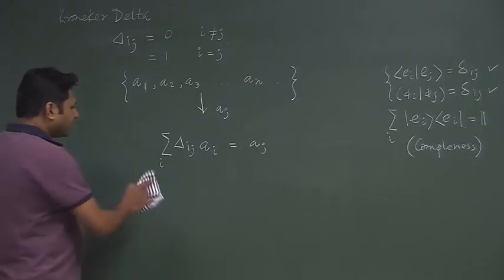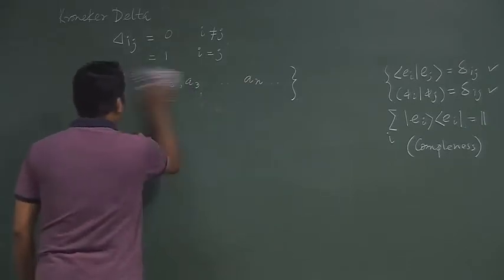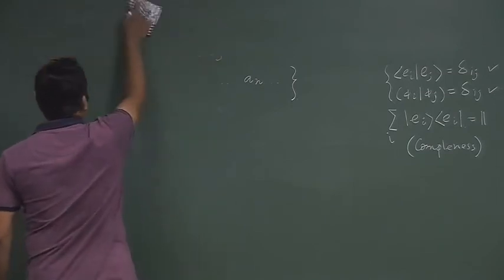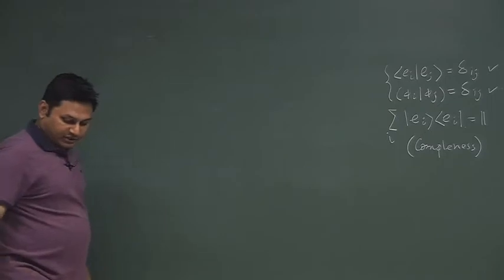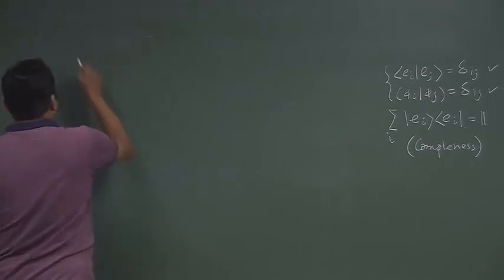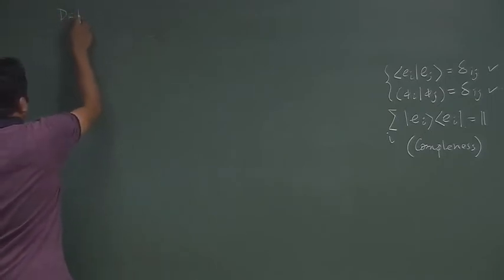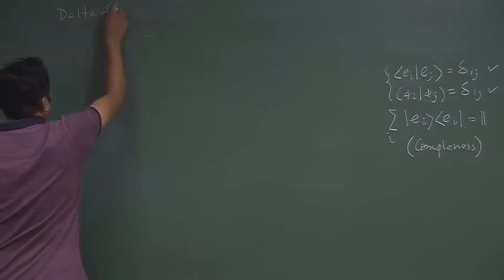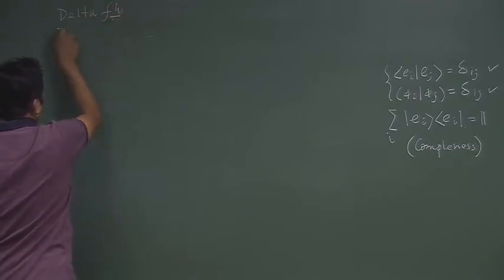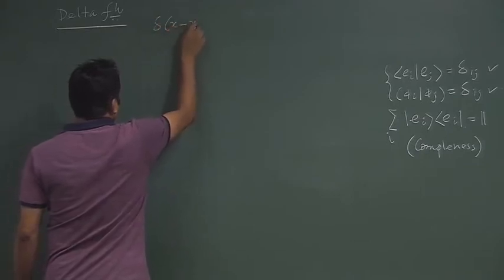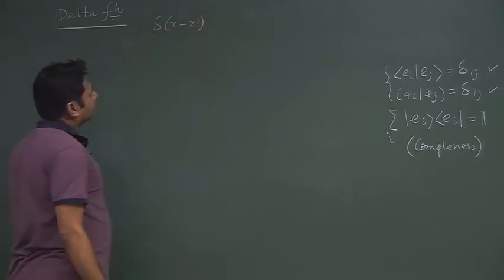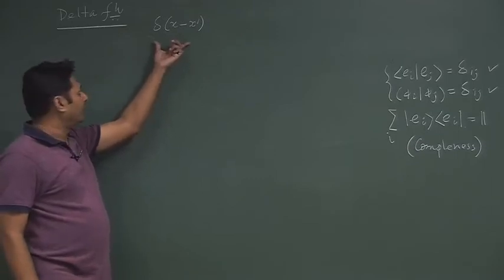Now, this is a very brief idea of these things. I can do the same thing for a function, which is called the delta function. Suppose this is my delta function, you know about these things.